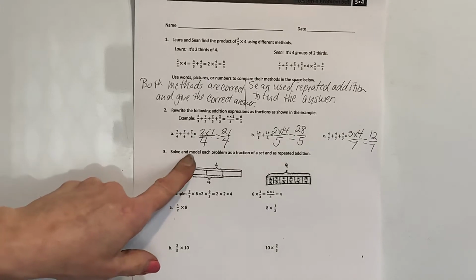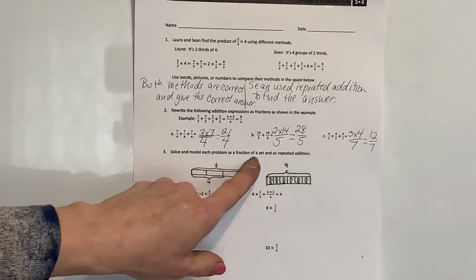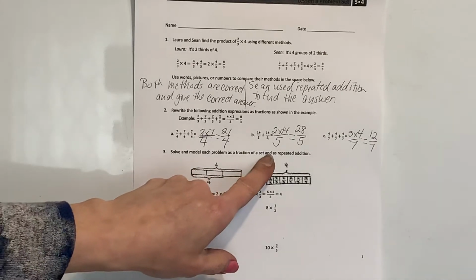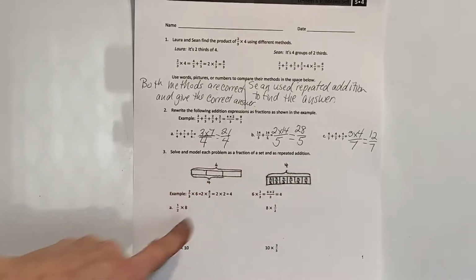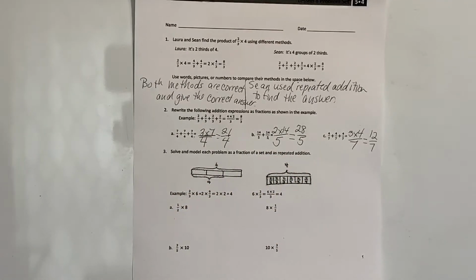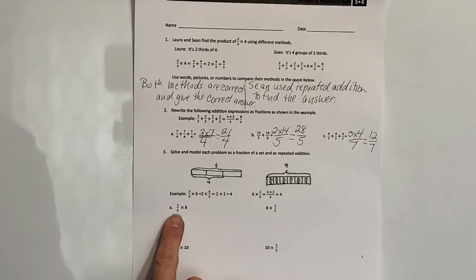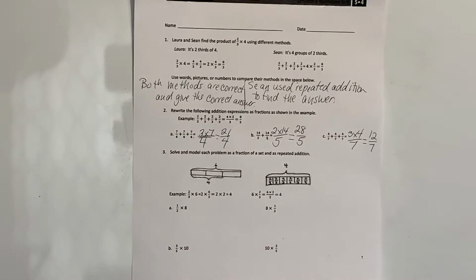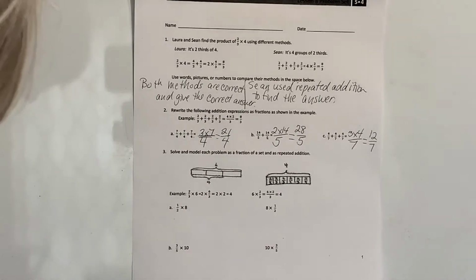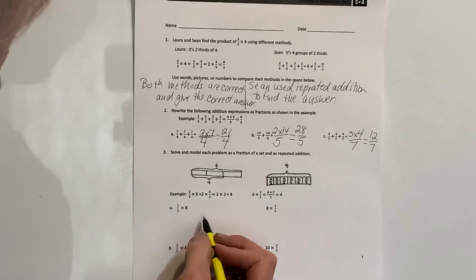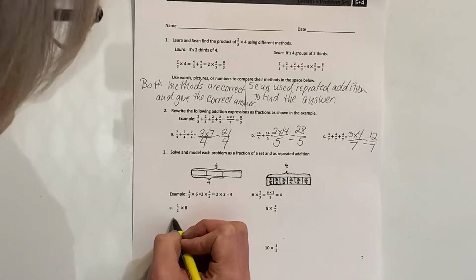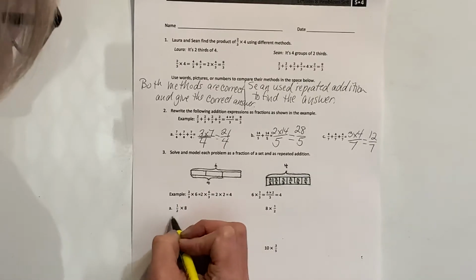All right, so let's take a look at number 3. It says solve and model each problem as a fraction of a set and as a repeated addition. All right, so we've got 1/2 times 8. So 1/2 times 8, we could do that as repeated addition. We could do 8 halves.